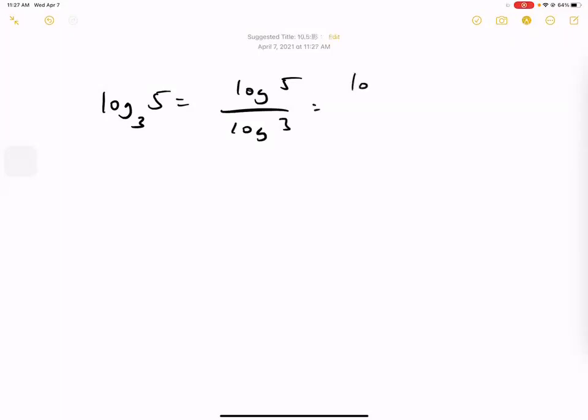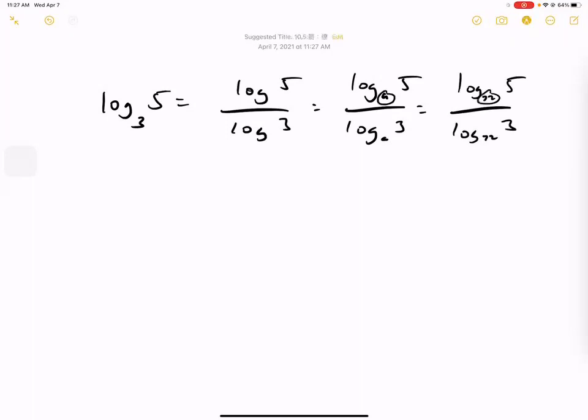You could write log base a of 5 over log base a of 3, as long as they're the same base, like log base 72 of 5 over log base 72 of 3. So it doesn't matter what the base is, and normally we just switch that to a common log, which is base 10. Okay, that was our change of base.